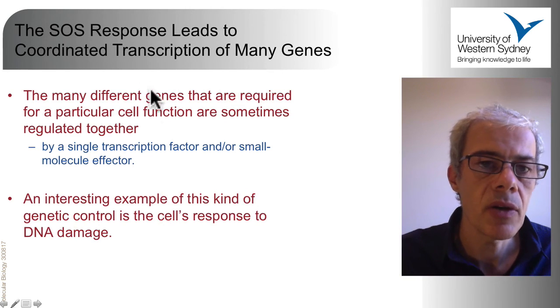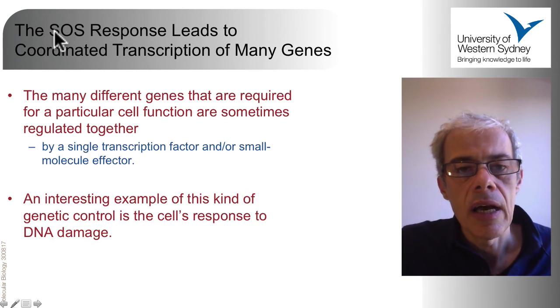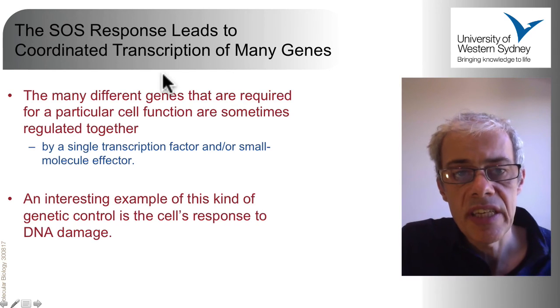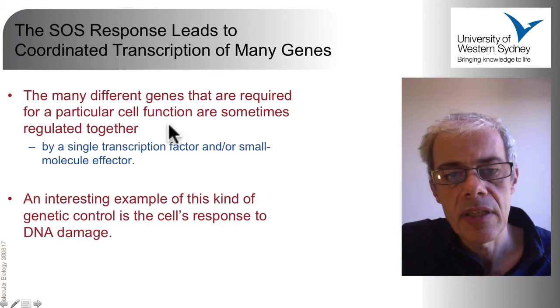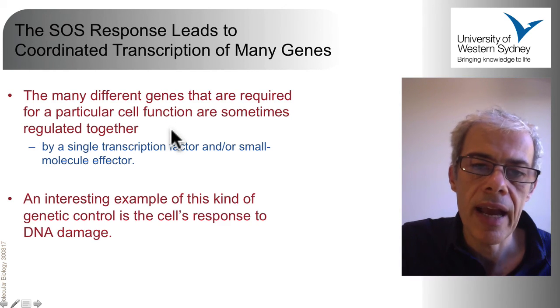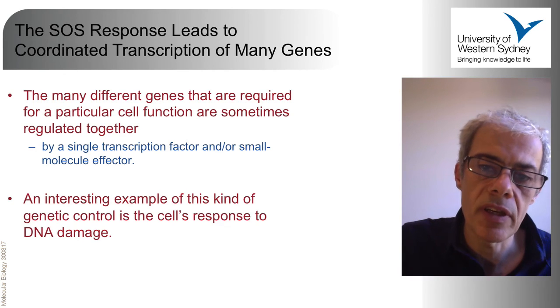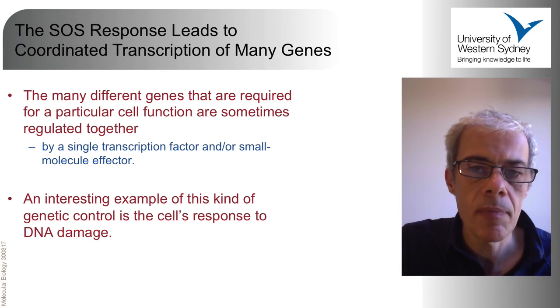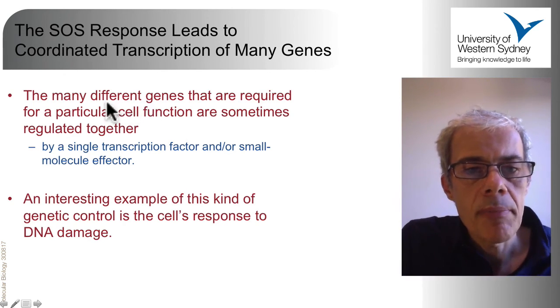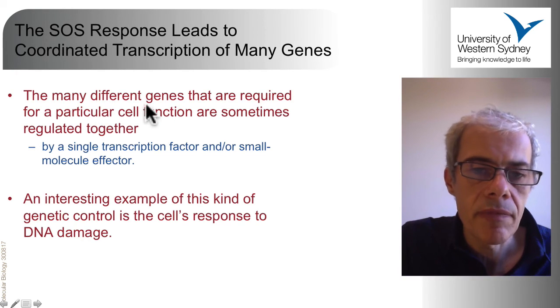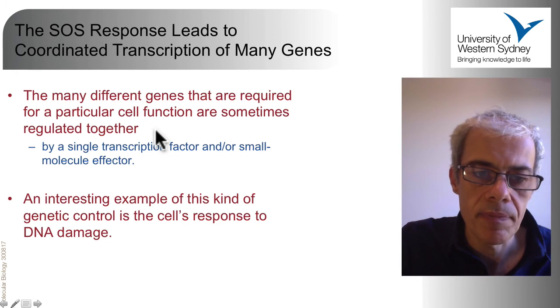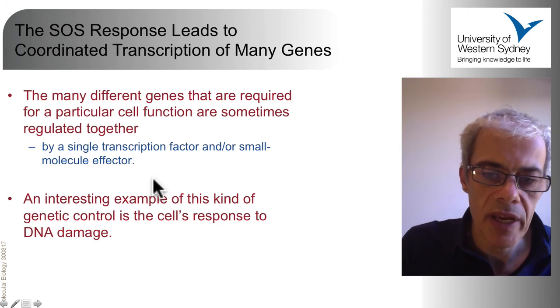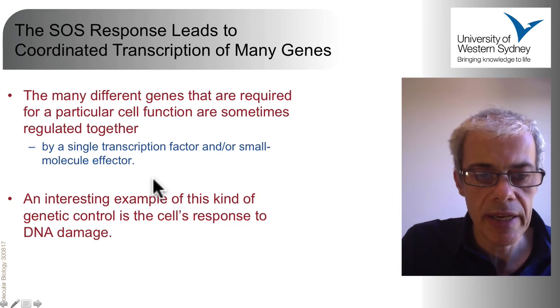So the SOS response is the cellular response to DNA damage. When DNA is damaged, you get the activation of a bunch of genes involved in helping DNA repair. So effectively many genes that are required for a particular function are regulated together. And the example we're looking at here is a cell response to DNA damage.